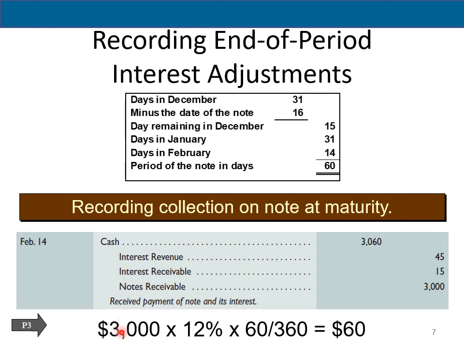So here we have a computation for interest on the entire 60 days. We've already accrued for 15, which leaves 35. And the collection is going to be $3,060. If you follow that, great. If not, we will work through this several times in class.